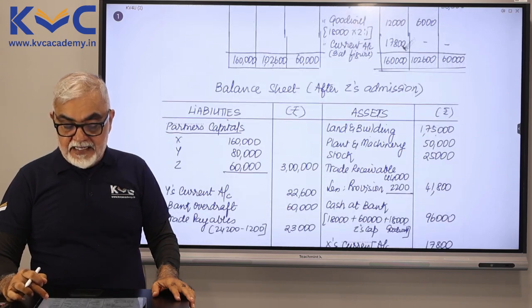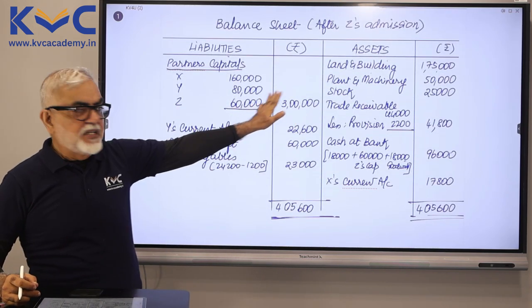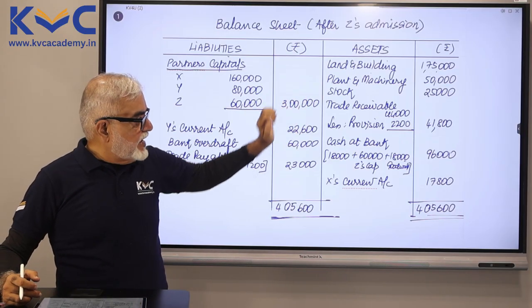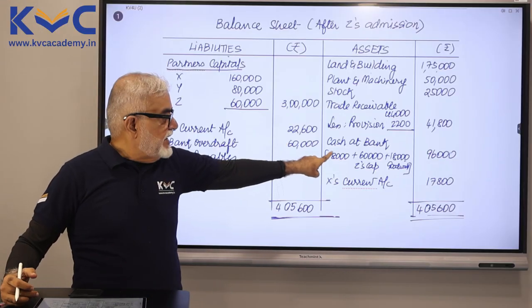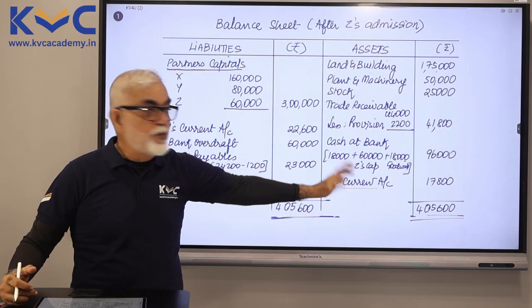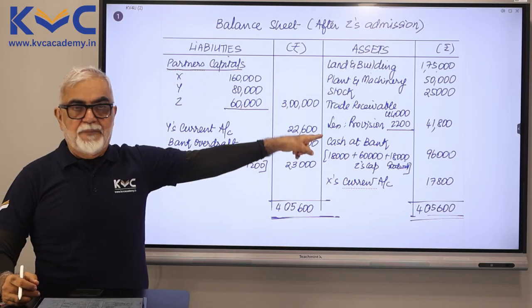Okay. So the balance sheet after admission: land and building become 1,75,000, plant and machinery become 50,000, stock becomes 25,000, debtors 44 minus 2,200, cash at bank 18 was the balance, 60 was the capital brought in, 18 was brought in towards goodwill, total 96,000. We have the excess current account debit balance.